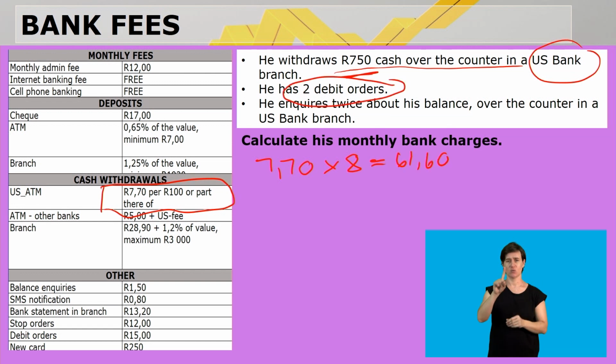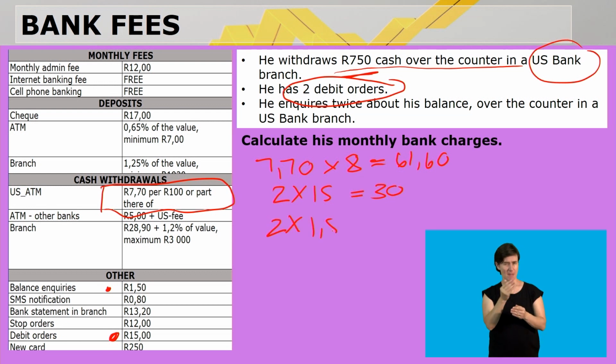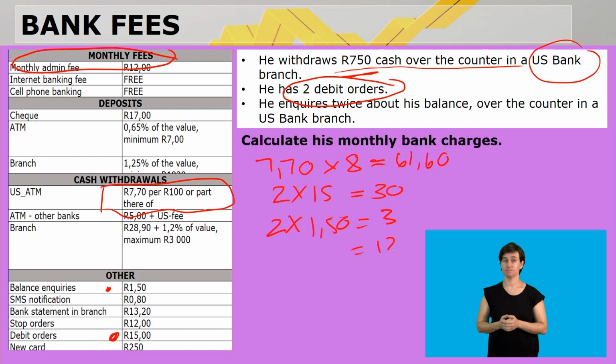Then he's got 2 debit orders. There at the bottom, 2 debit orders, so it's 2 times 15, which is then 30. He inquired twice about the balance over the counter, so it's going to be 2 times 1.50 Rand, which is 3 Rand, and then the monthly fee, which is 12 Rand.